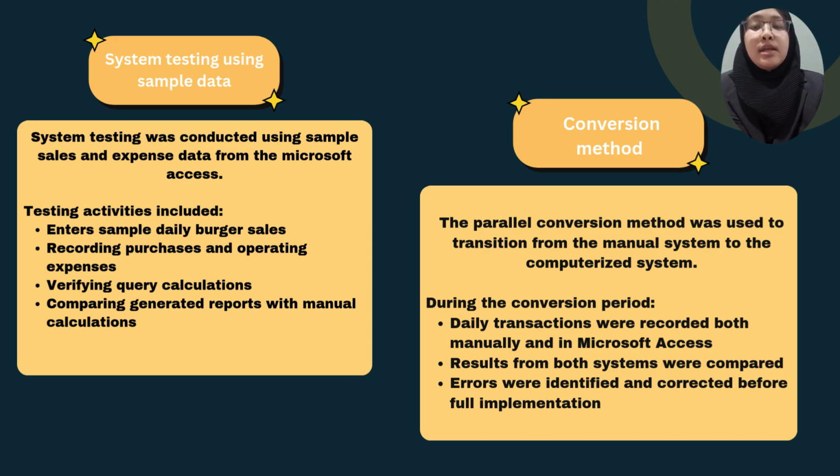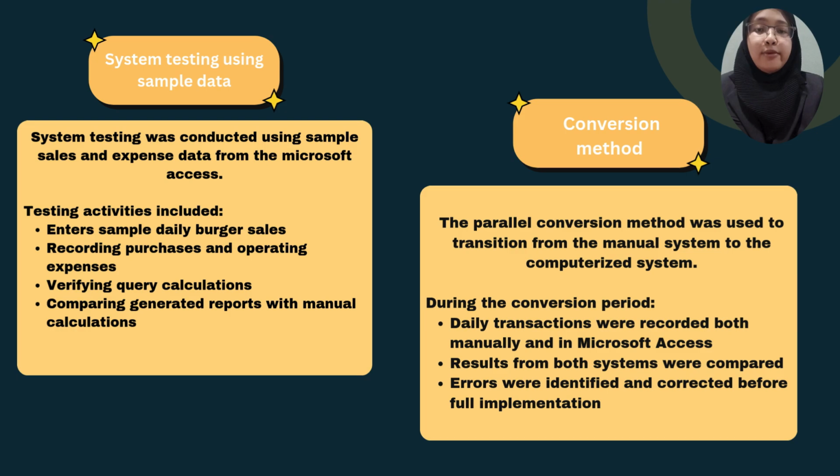Using this testing, the result confirmed that the system produces an accurate and reliable profit or loss report. Next is the conversion method from the manual system to the computerized system. The parallel conversion method was used to transition from the manual system to the computerized system. During this conversion period, daily transactions were recorded both manually and in Microsoft Access.